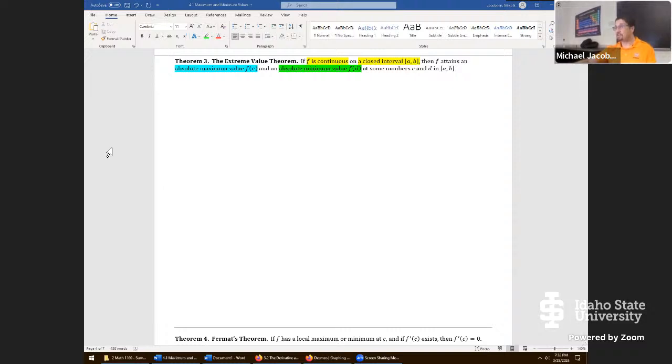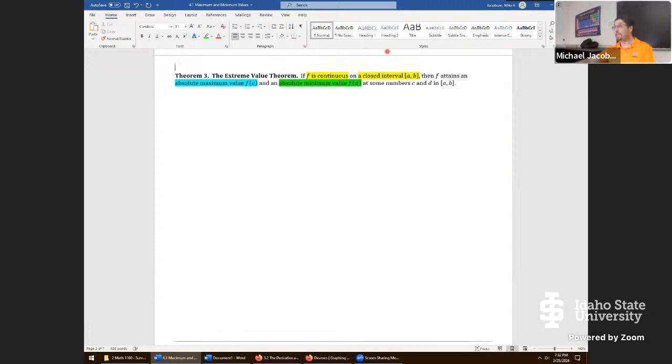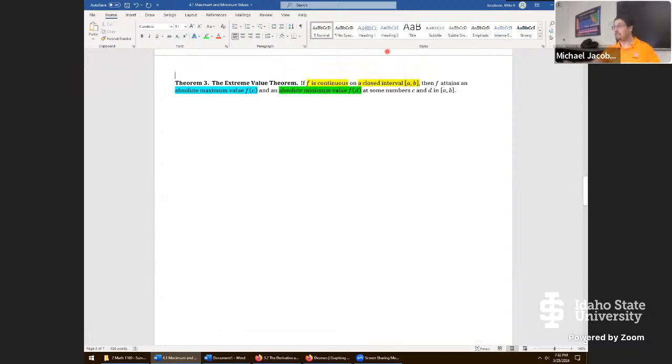So that's kind of impressive. It turns out continuity and a closed interval go extremely hand in hand when it comes to calculus.